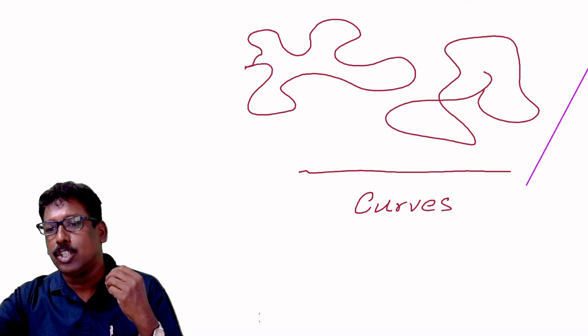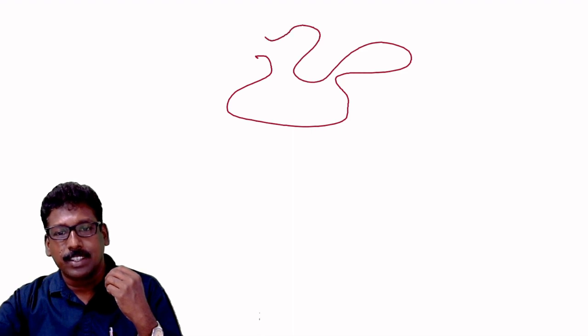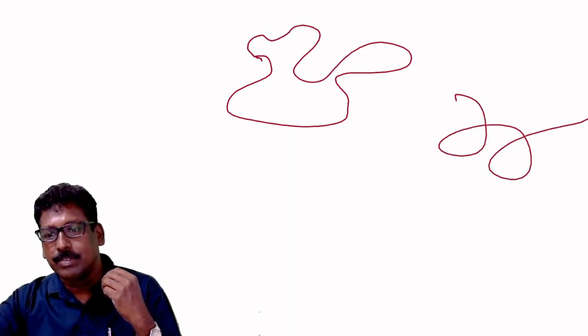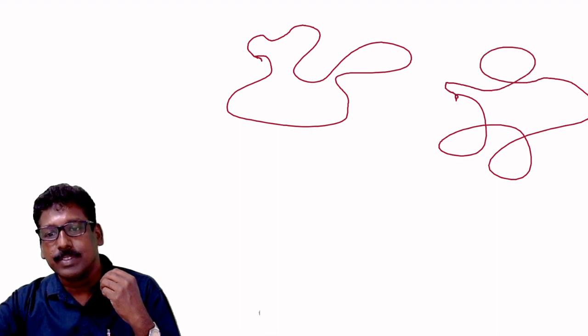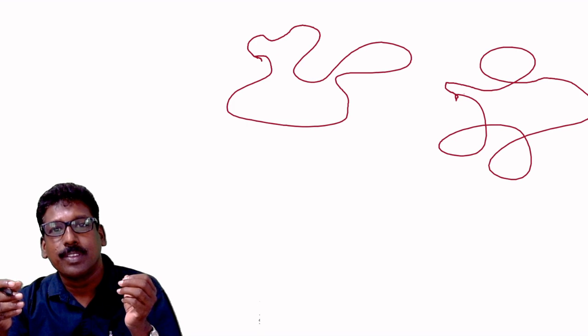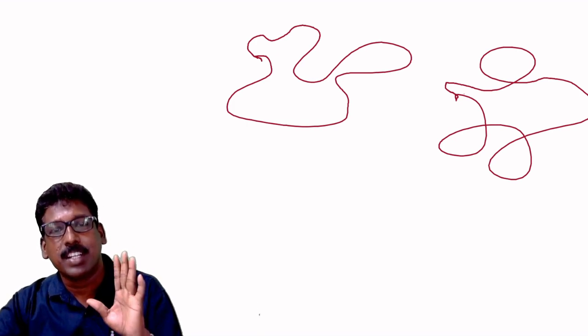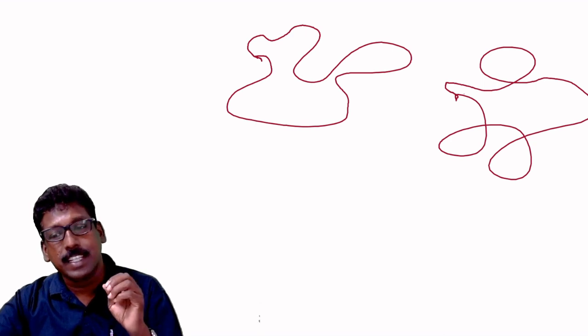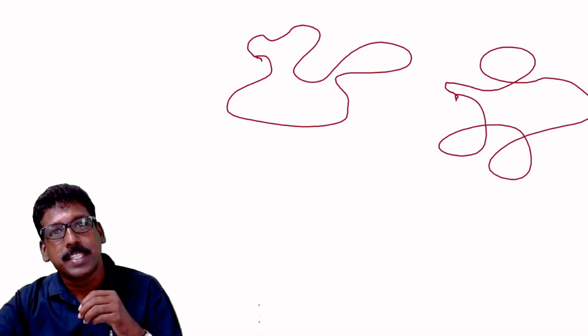Now let me draw two curves. One, this is a curve. Let me draw another curve. What is the difference between these two? Here in the first curve it does not cross itself, but here in the second it crosses in many places.